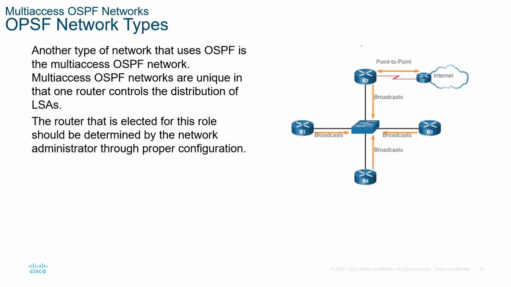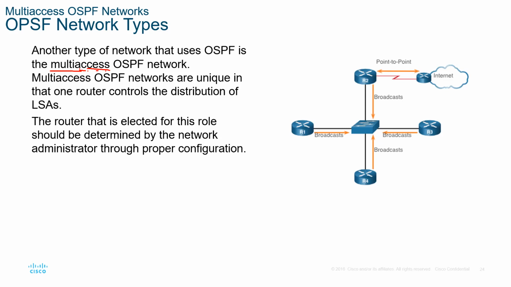From the word, multi-access means multiple access. We have talked about point-to-point, where two devices or two routers have an OSPF handshake. Now we're looking at multi-access, where you have multiple devices connecting in a particular way.